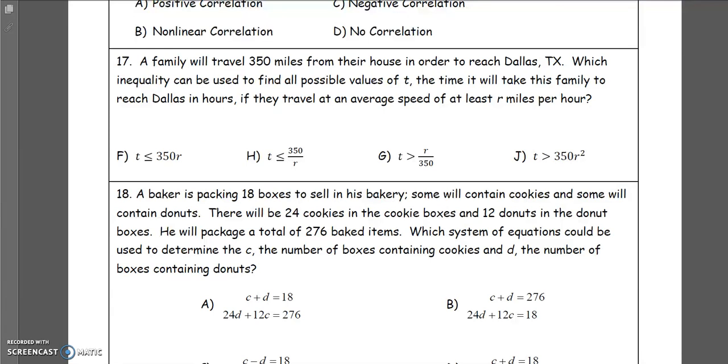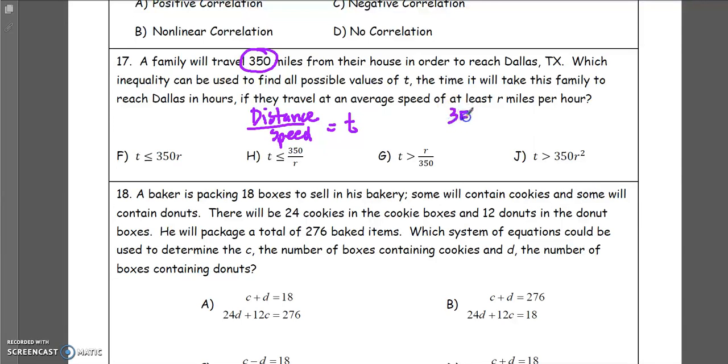Okay, so the one thing that we have to realize is that distance divided by speed will give me my time. All right, and so we know the distance that they're traveling, and that's going to be 350 miles.